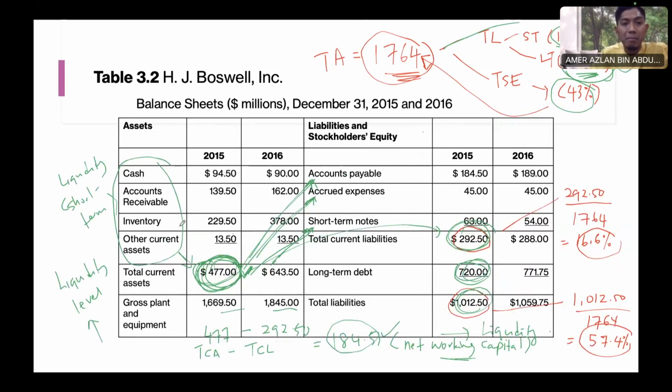So if one day your company has a lot of debts, you need to make sure that you have a very strong liquidity level. A strong liquidity level means your company has very strong short-term ability: very strong cash, very strong receivables, and very strong inventory values, so that you are able to survive in the short-term period.